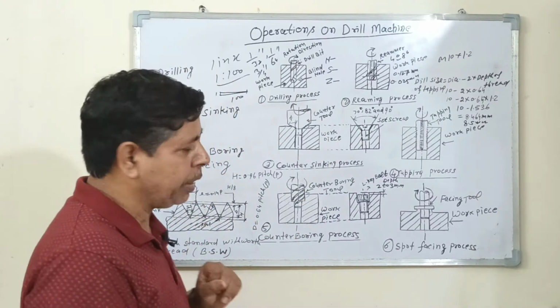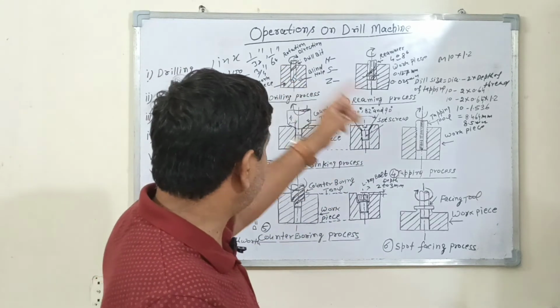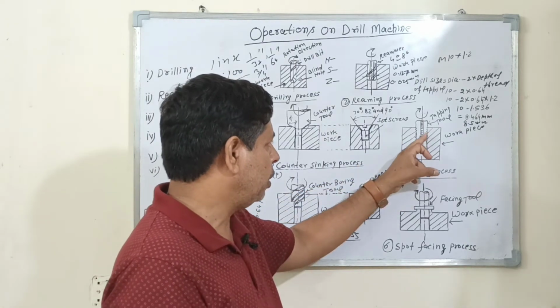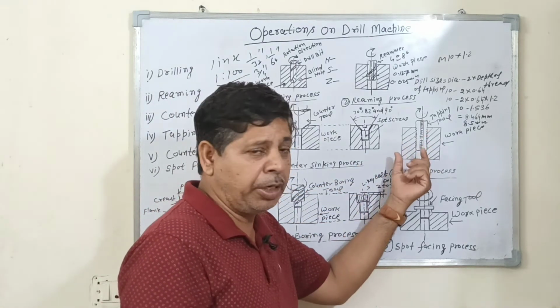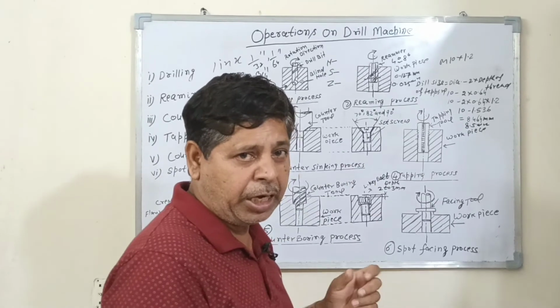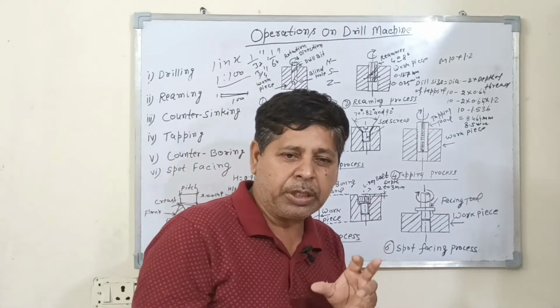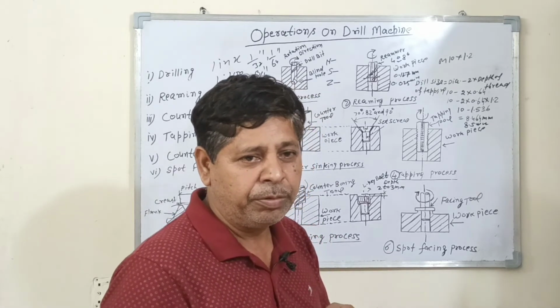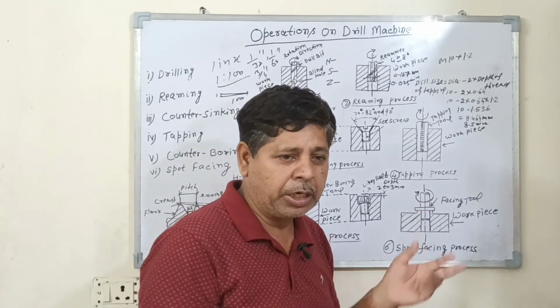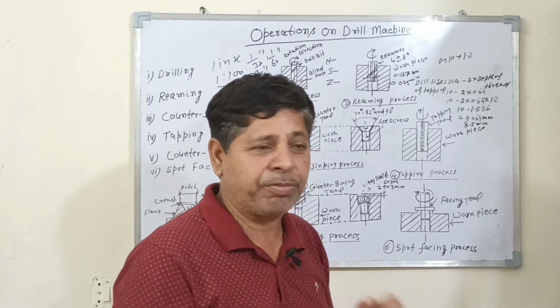The fourth operation is tapping. After drilling, you will perform the internal thread. The internal thread can be cut by use of different tap sets. Tap sets are available in the market: first is taper, second is standard, third is superfine.